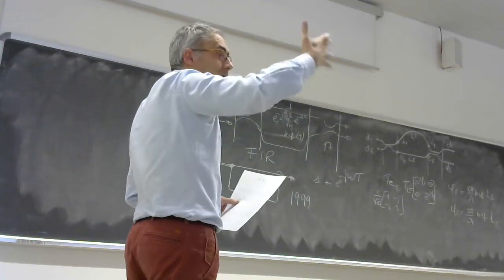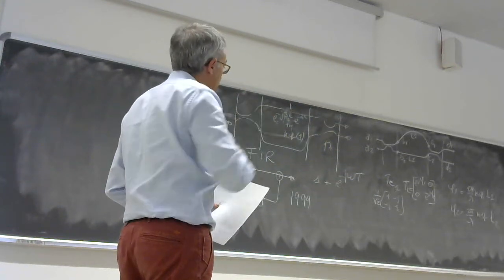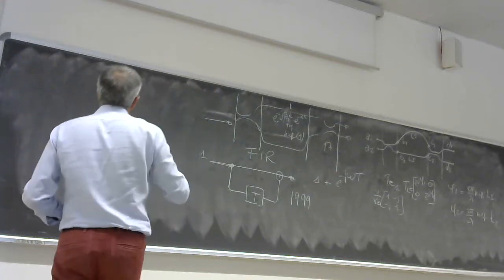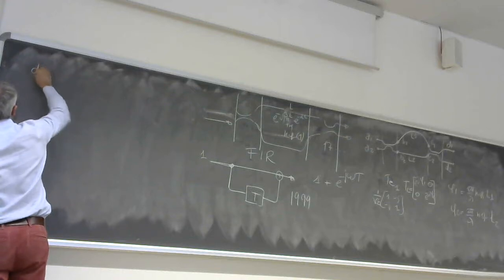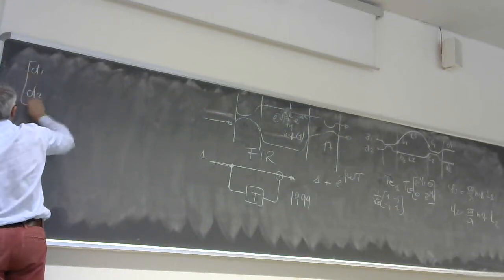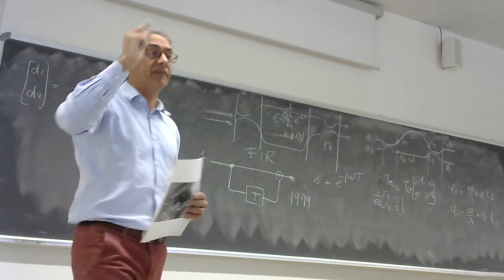We cut the circuit in building blocks. Every building block is described by a matrix, as I explained. So if we want to calculate the output, D1 and D2 are the complex amplitudes of the output.